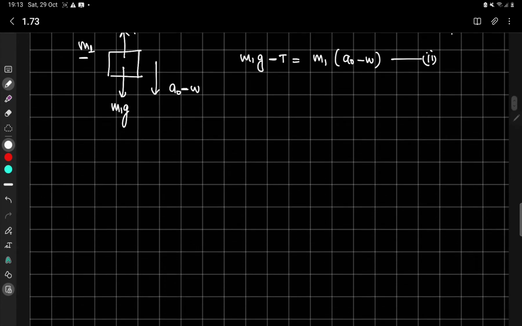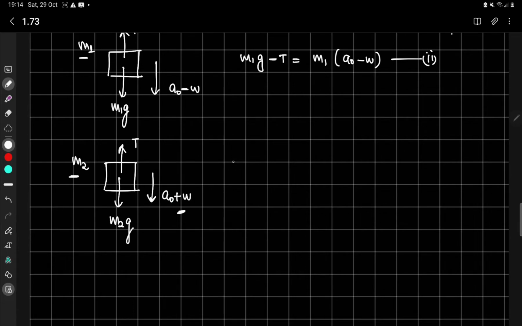Okay, let us draw the free body diagram of mass m2. So this is mass m2. We will have the gravitational force m2g in the downward direction and the same tension force of T in the upward direction, and mass m2 is moving in the downward direction with the acceleration of a0 plus w.